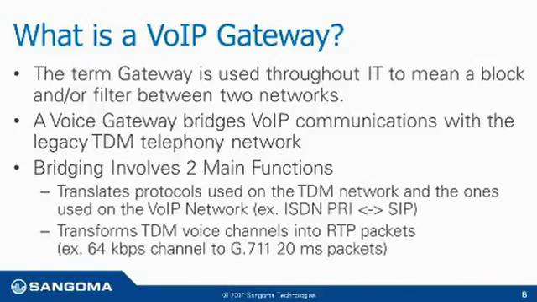So a gateway is like a big translator that will sit in the middle, will understand the protocols from the legacy side and from the voice over IP side, and inside will do the proper translation so that inbound or outbound calls are transparent. So that's essentially what a voice over IP gateway is.